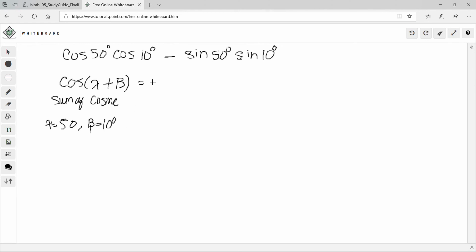So if alpha is 50 and beta is 10, it should be cosine of 60 degrees. So we know the cosine of 60 degrees is 1/2.